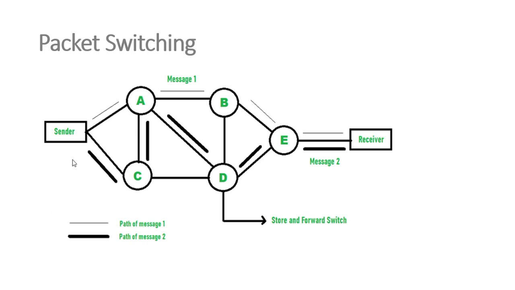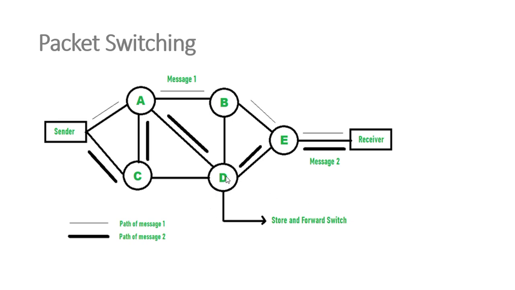This is how the data is transferred. Here we can see how it has been transferred. The sender is sending one message. See, message 1 is taking this direction and reaches the receiver. Then some other sender may send a second message, which takes this path and reaches the receiver.